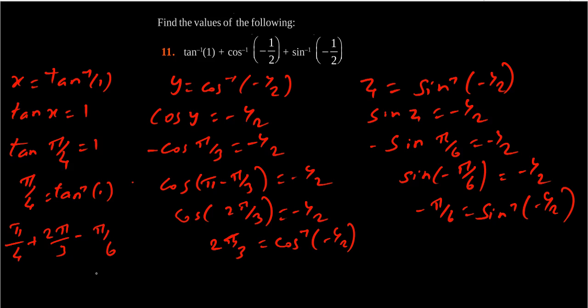So for 4, 3 and 6 we'll get 12 as the LCM. So 3 pi plus 8 pi minus 2 pi. So it will become totally 9 pi. So 9 pi by 12. So 3 will get cancelled. We will get 3 pi by 4 at last.